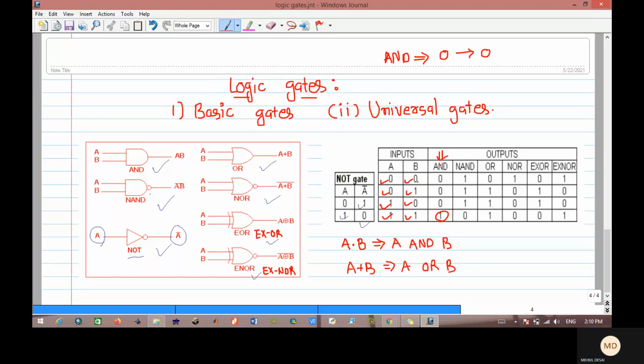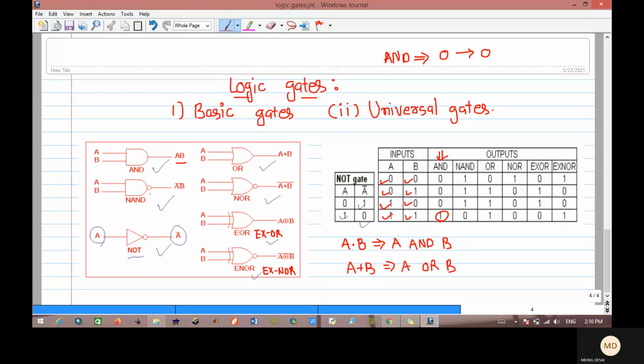Using the truth table, if any one of the two inputs is 0, then the output is 0. This is the symbol of the AND gate. The Boolean expression is A dot B, which in logic gate terms we read as A and B.